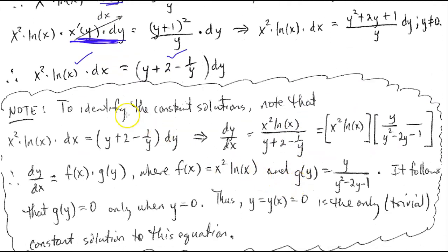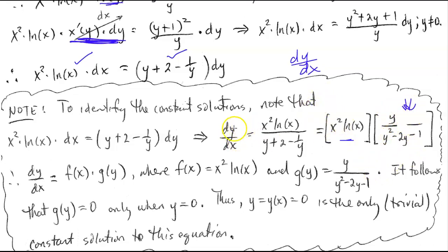Now, at this point, I note that to identify your constant solutions, one of the things we could do, if we wanted to do this as dy over dx, is solve this for dy over dx, okay? And so if we did that, we would end up rewriting our functions this way, okay?